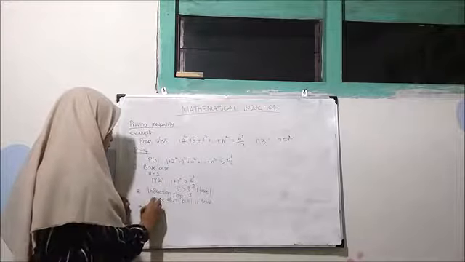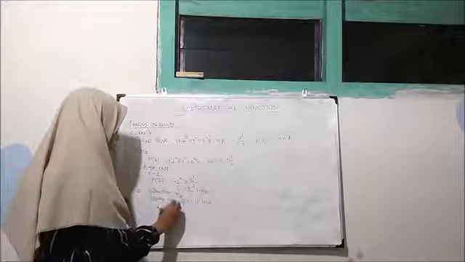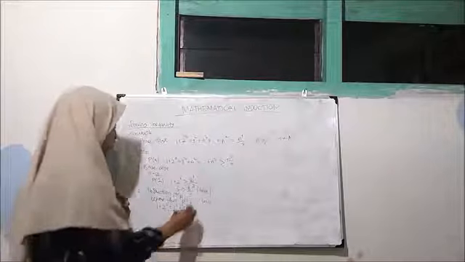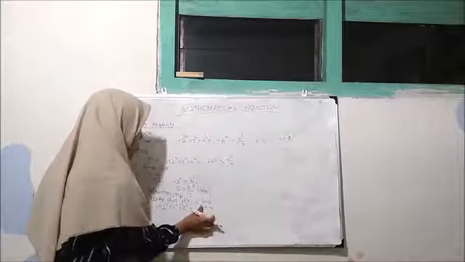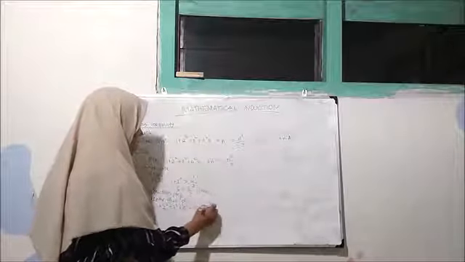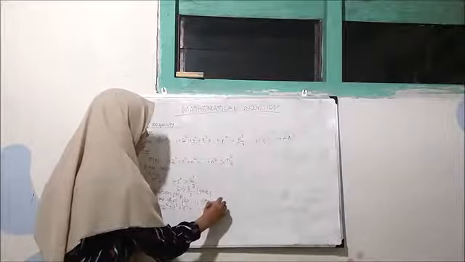So 1 plus 2 square plus 3 square plus 4 square and so on until k square is greater than k to the power of 3 over 3.